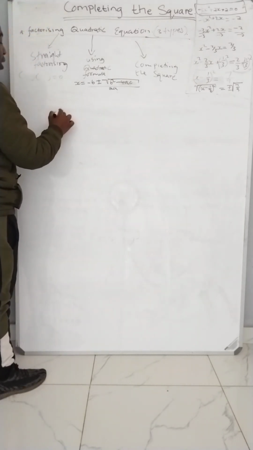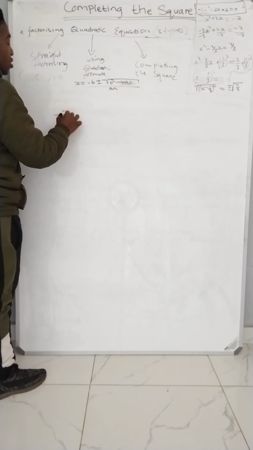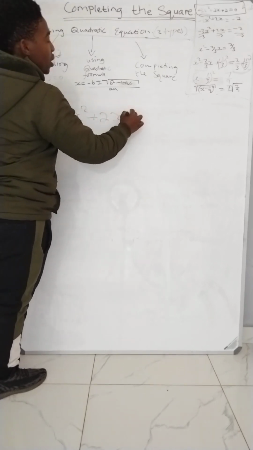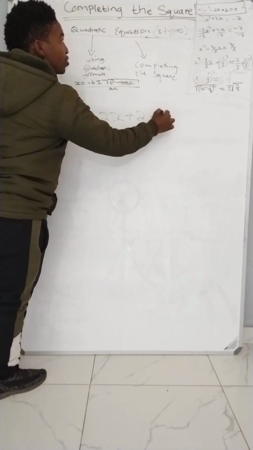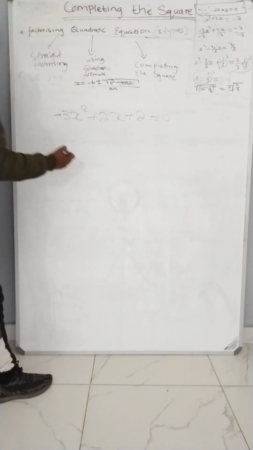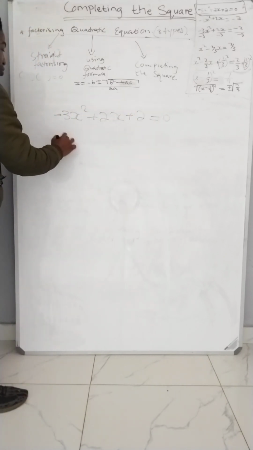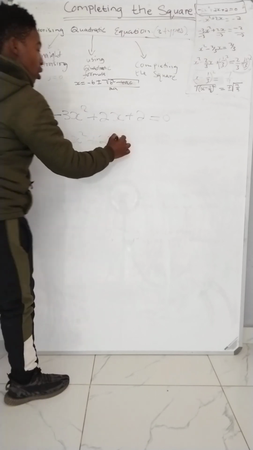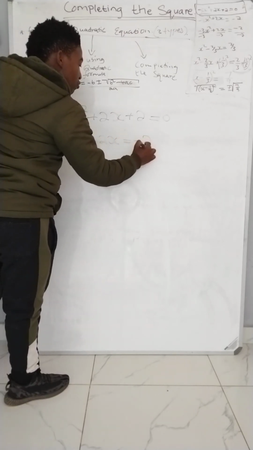So you have minus 3x squared plus 2x plus 2 is equals to 0. And the first step, you're gonna take this to the right side, okay, which you're gonna remain with minus 3x squared plus 2x is equals to -2, right?